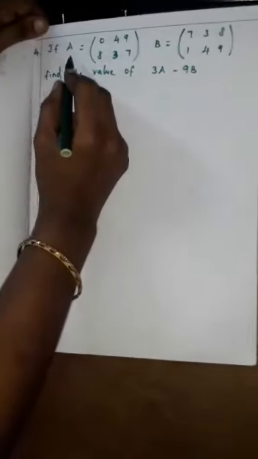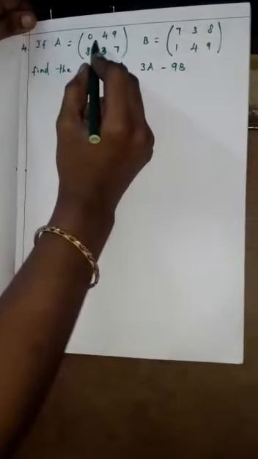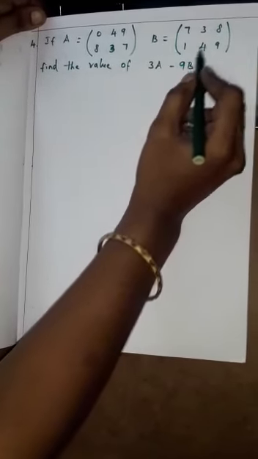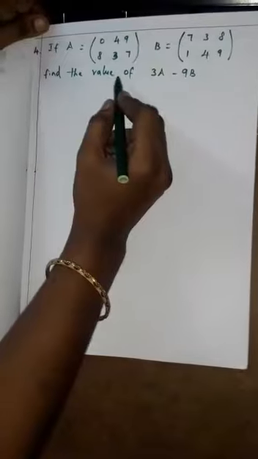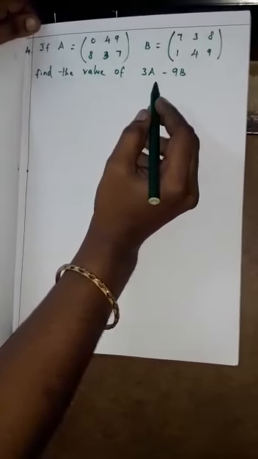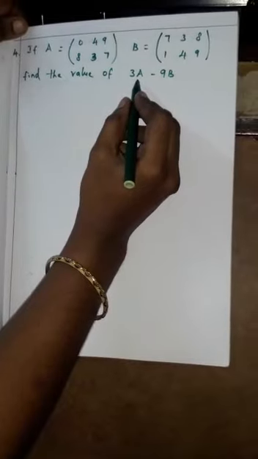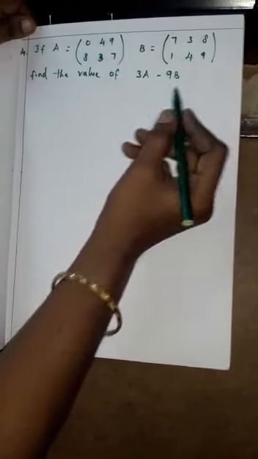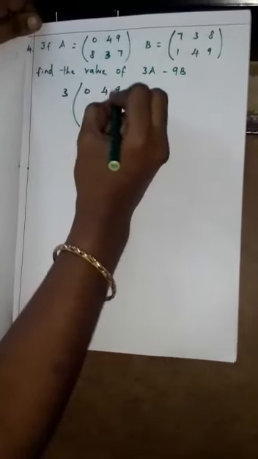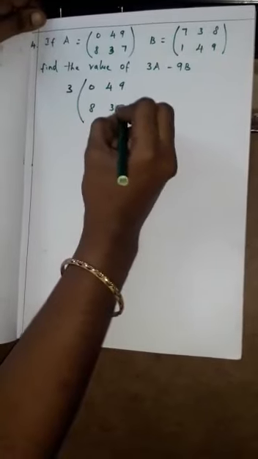Fourth question. If A equal to [0 4 9 8 3 7] and B equal to [7 3 8 1 4 9], find the value of 3A minus 9B. This is scalar multiplication of matrices: 3 into the A matrix elements minus 9 into the B matrix elements. You write down the elements. 3 times the A matrix elements 0 4 9 8 3 7.